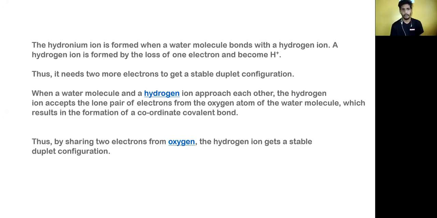When a water molecule and the hydrogen ion approach each other, the hydrogen ion accepts the lone pair of electrons from the oxygen of the water molecule, which results in the formation of a coordinate bond. Have you got the point? Oxygen donates the electrons towards the hydrogen, and a bond is formed. Thus, by sharing the two electrons from the oxygen, the hydrogen ion gets a stable duplet configuration.